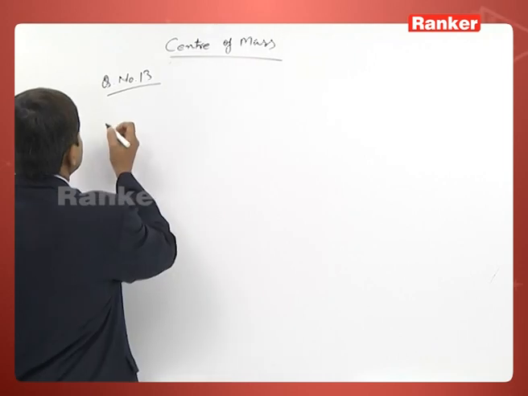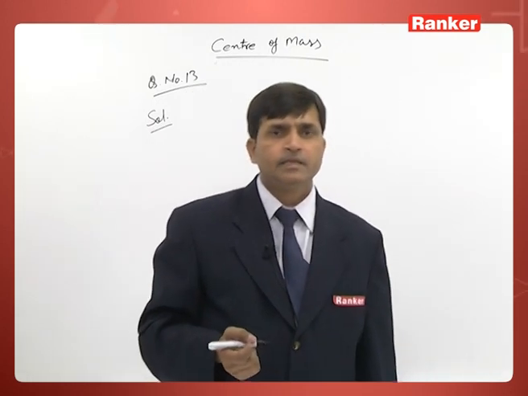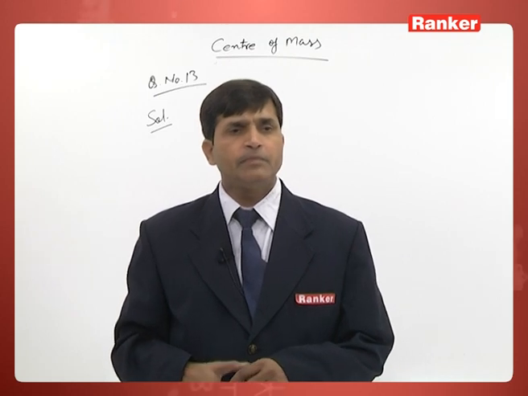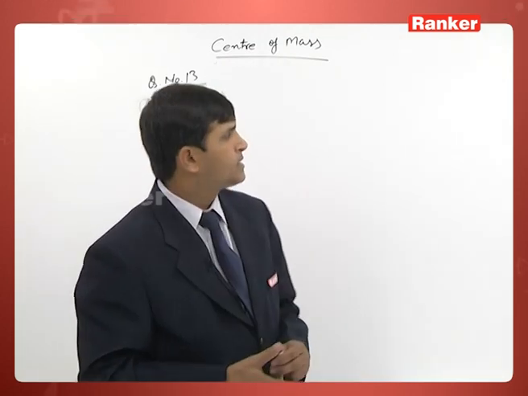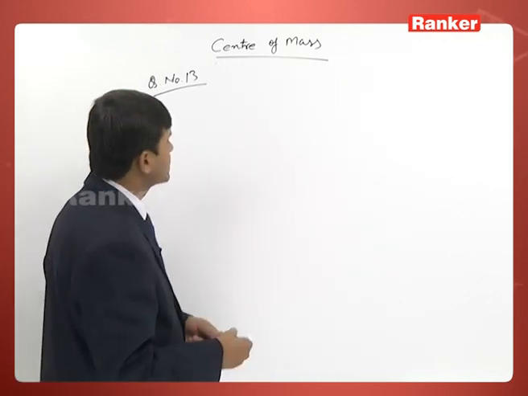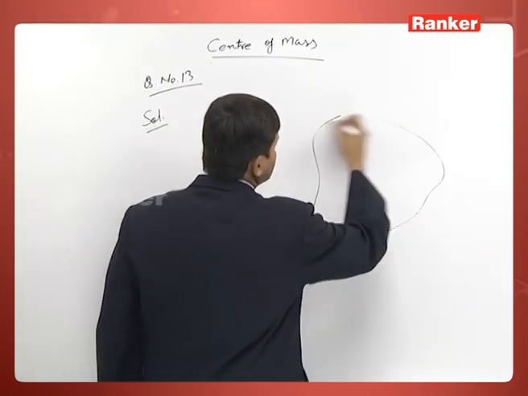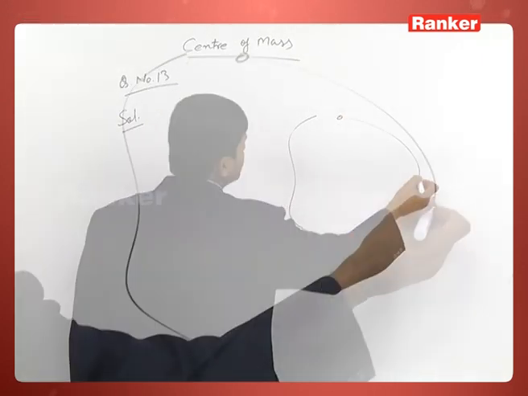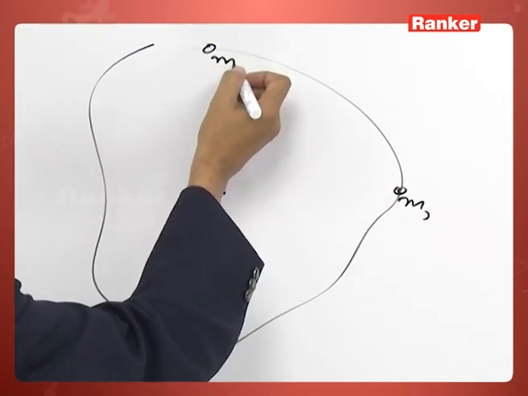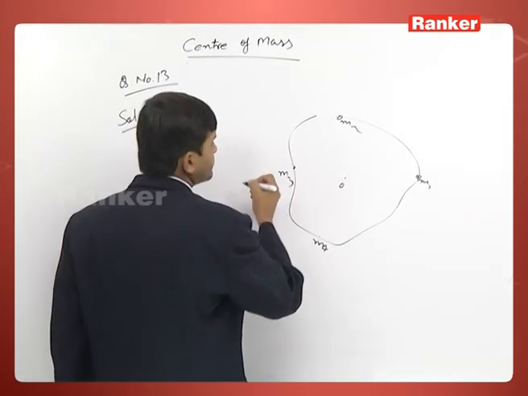So, main point here, center of mass. The center of mass of a body always depends on the distribution of mass, and it cannot be beyond the distance of the particle having the longest distance. Let this be our system, and from fixed point O, one particle is here, M1, one particle here, M2, another M3, another M4, like this.